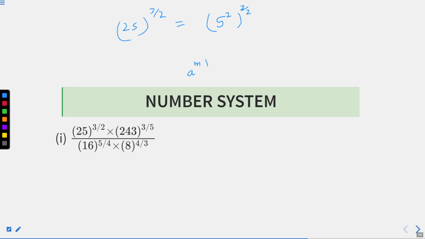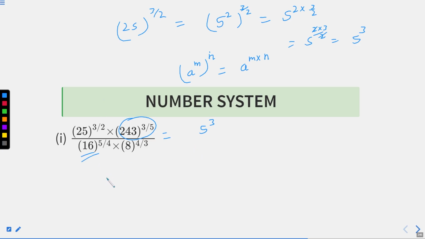If you remember (a^m)^n is given, so I can write it as a^(m times n). Okay, so power gets multiplied. So 5 raised to 2 times 3 by 2. I can easily cancel out this. So 5 cubed, just 5 cubes. Now 243.